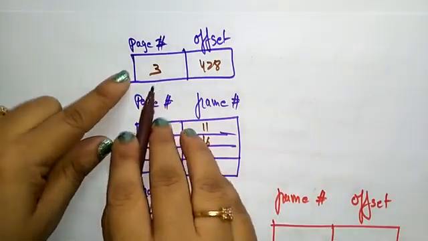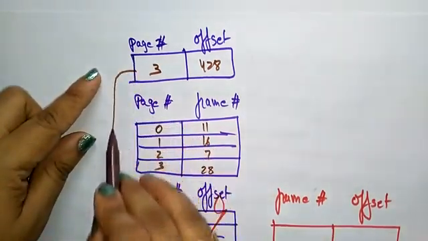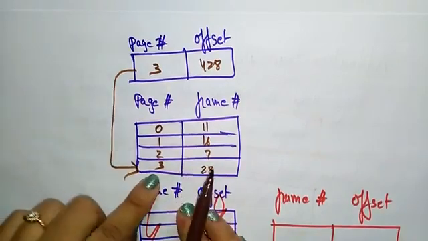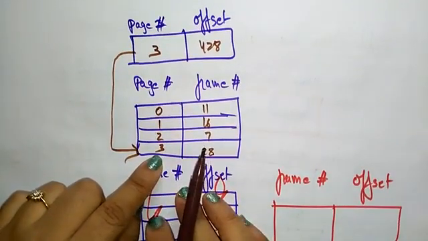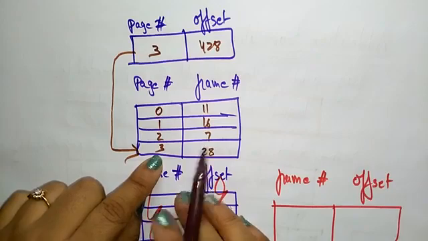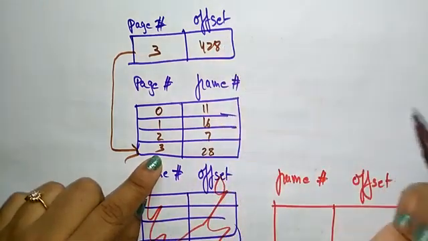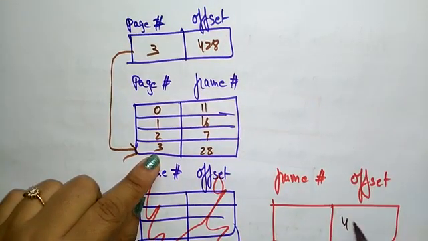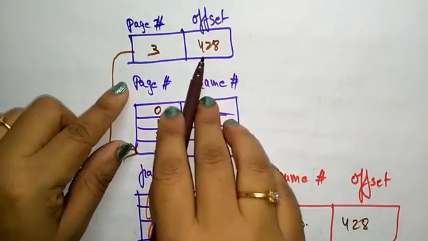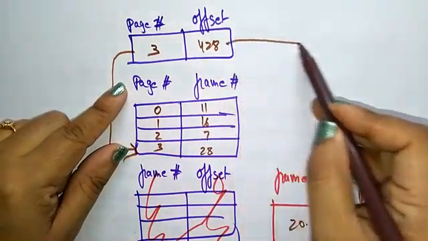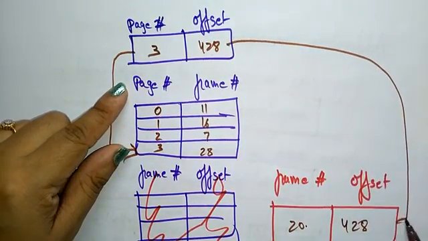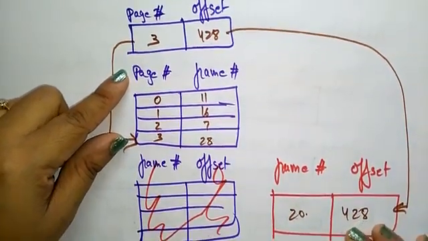So by seeing this page number, the control will come to page 3. Here 428 is the offset, and 20 is there. By seeing the offset, the controller first comes to this offset, which is present in the physical address.